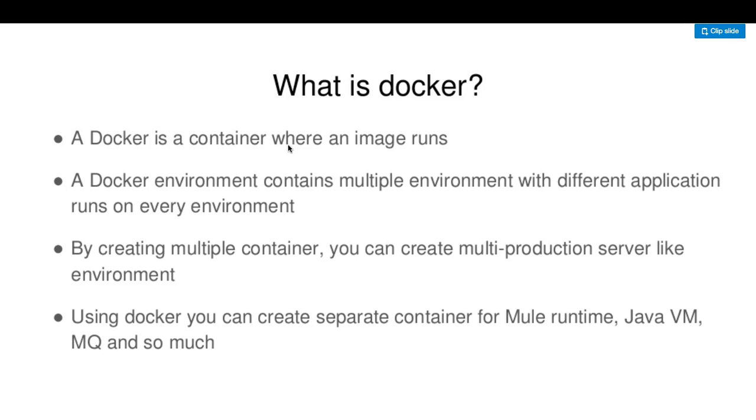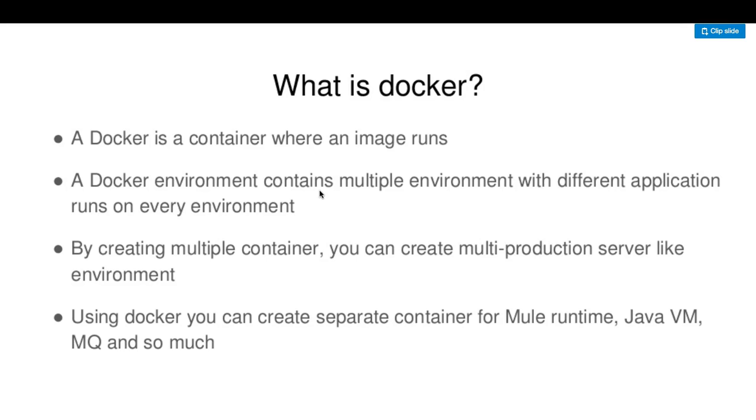So a Docker environment contains multiple environments. As I told you, in Docker we have multiple environments, and each environment will run in parallel, so they will be independent of each other. Within one OS, say you have a virtual machine, you can have 5, 6, so many different kinds of environments. And once you create multiple containers, you can create a multi-production server.